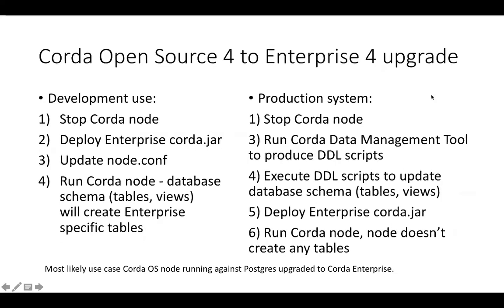On a production system, again, the database administrator will perform the update. So in point 3, it will run the tool against the live database, and it will receive the difference between open source and enterprise, and then this additional DDL needs to be run.